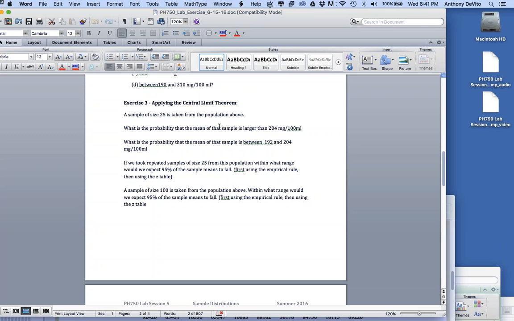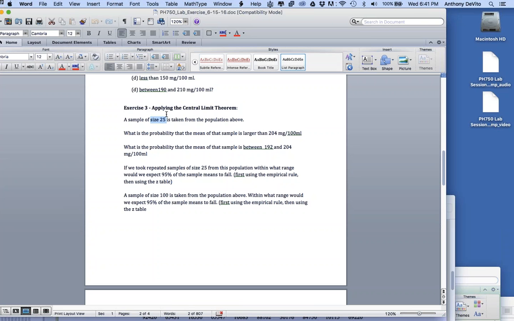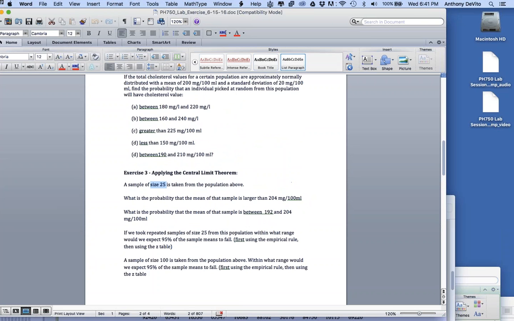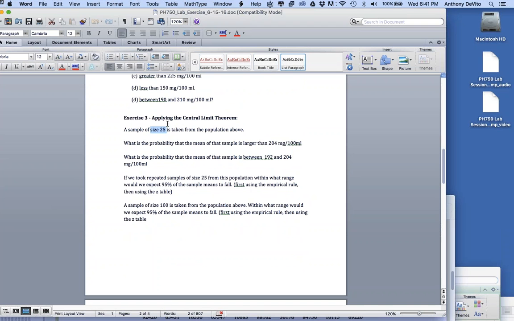Well, the sample size is 25. So the standard deviation for repeated samples of size 25 is going to be sigma, 20, divided by the square root of the sample size, 25, which is 5. So 20 over 5 is going to be 4. So our new standard deviation for the samples is going to be 4. Now I'm going to throw a little nomenclature out here.